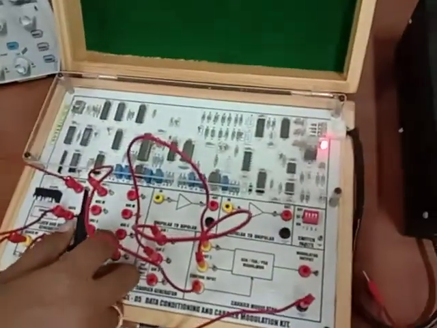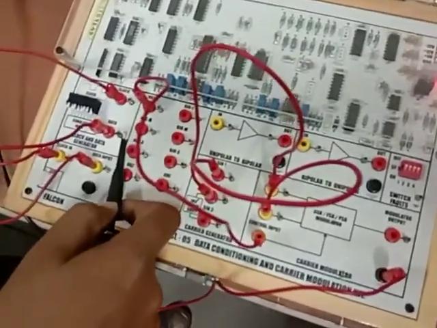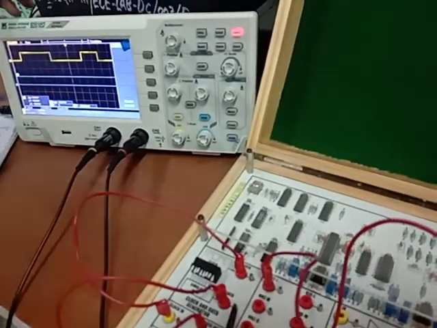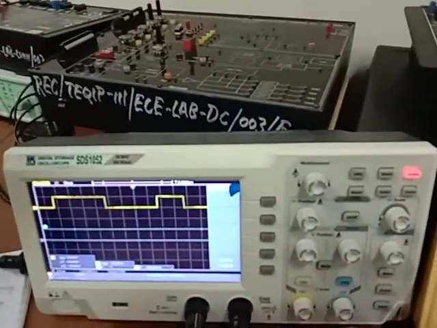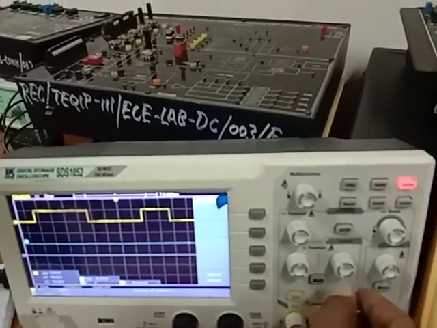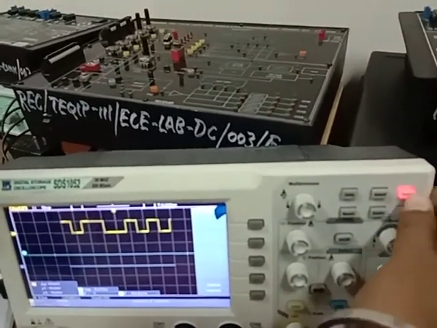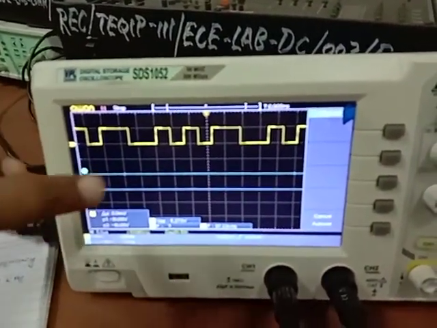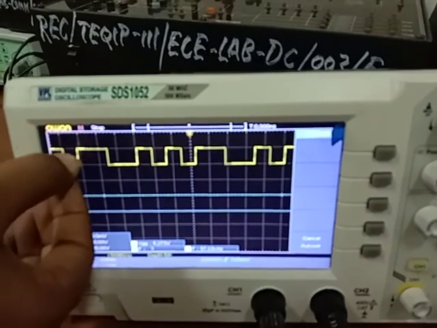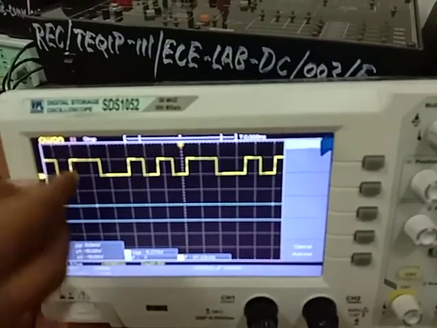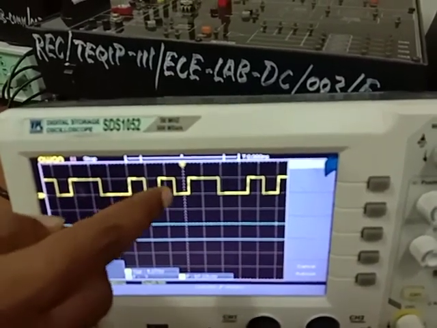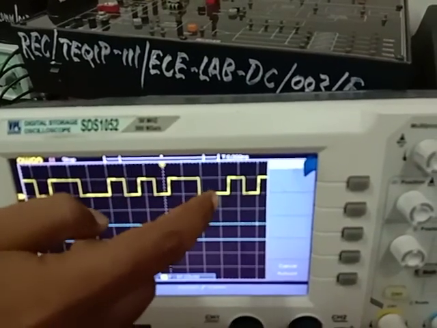After that we will measure the amplitude and frequency of the data, that means the message signal. You can see that we will give the input 0101. We can see from the waveform, this waveform is for 1 1, and this is 0 0, and this is for 1, this is for 0, this is for 1 0, then 1 1, then 0 0.